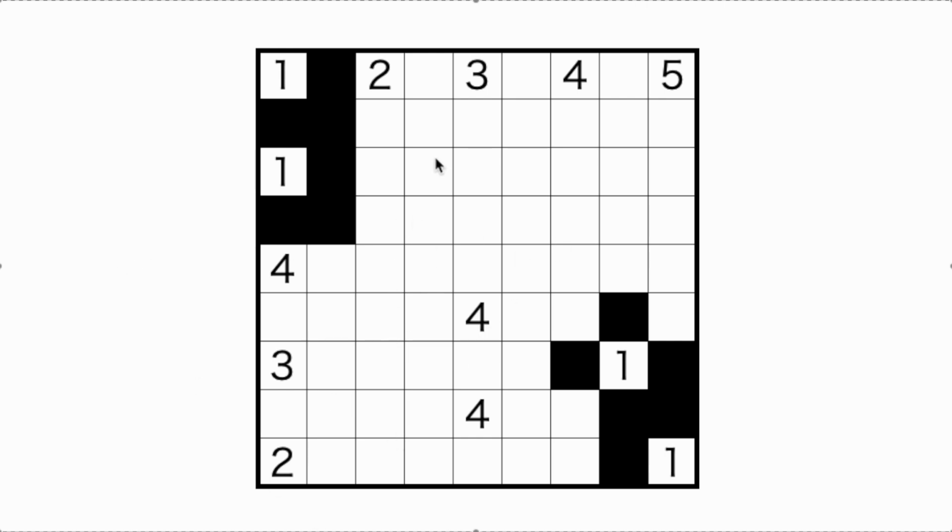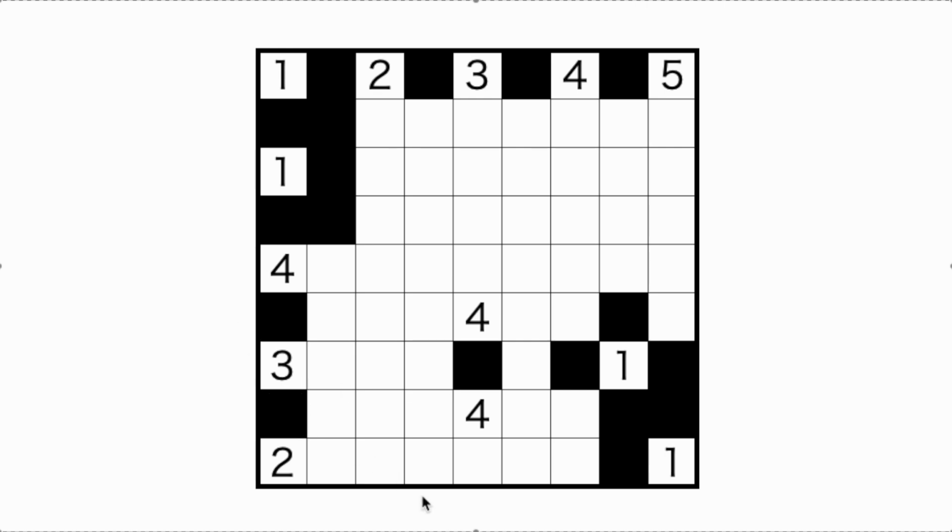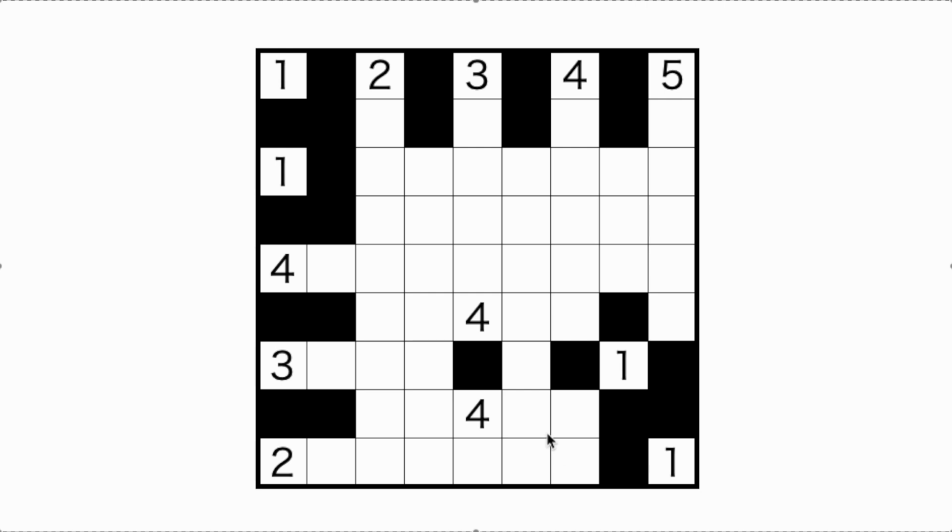But in this case, there are a lot of places where we've got 2 clues that we need to keep apart, so we can shade the cells in between them and then apply the same reasoning I just did earlier, that those little dead ends must extend out to meet the rest of the shaded cells in the grid.